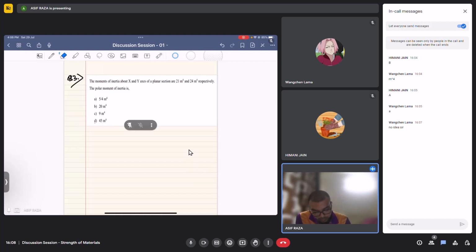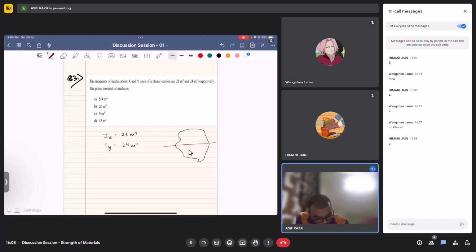So the question is saying we have a moment of inertia as Ix equal to 21 meter to the power 4 and Iy equal to 24 meter to the power 4. So take a random body and an x-axis. About this x-axis, it has a moment of inertia of 21 meter to the power 4, and Iy is 24 meter to the power 4.